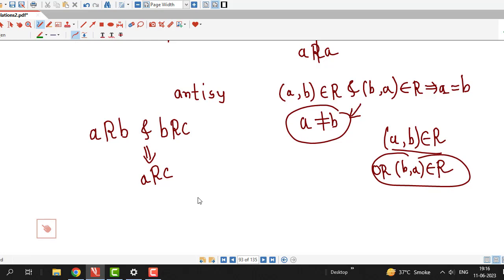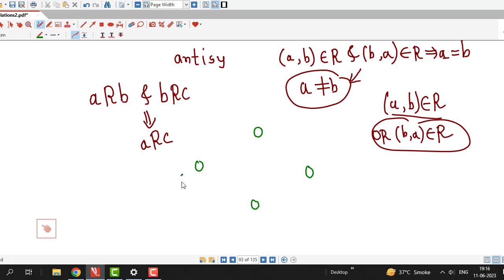For example, if I consider again some graph with these three or four vertices, here a and b are different, so either a is related to b or b is related to a is possible for antisymmetric. Similarly, I can draw an arc from d to b, but there must not be a reverse edge.